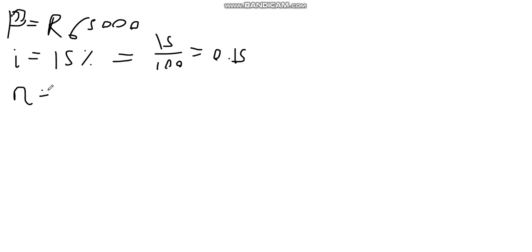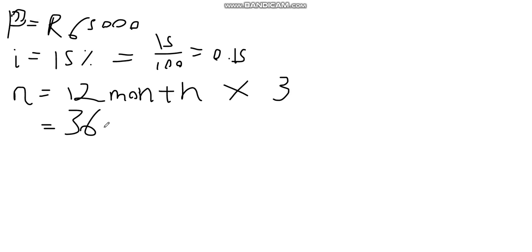Our I is 15%. Remember, we are not going to use it as a percentage. We're going to take that percentage divided by 100 for us to use it in decimal form. So in decimal form it is going to be 0.15. And then we are told that our duration is 3 years, but that 3 years is compounded monthly.